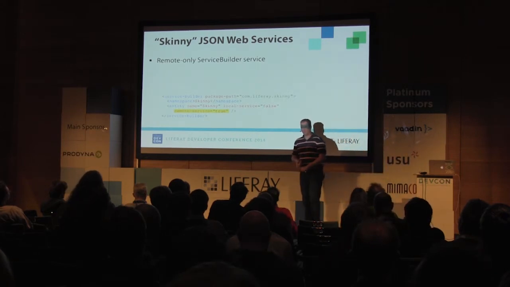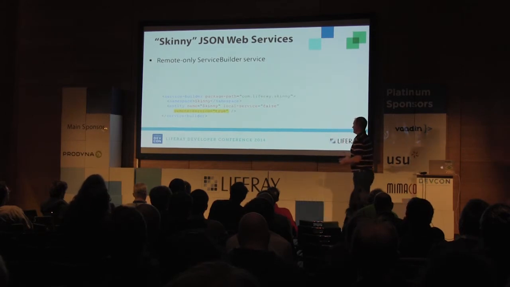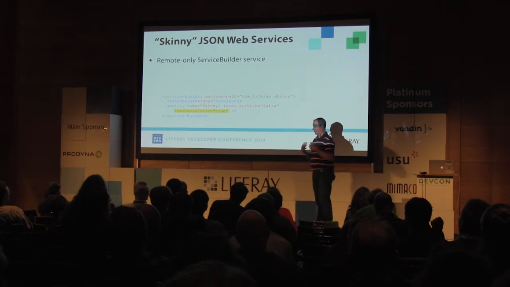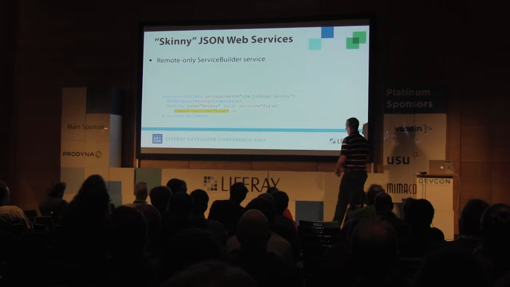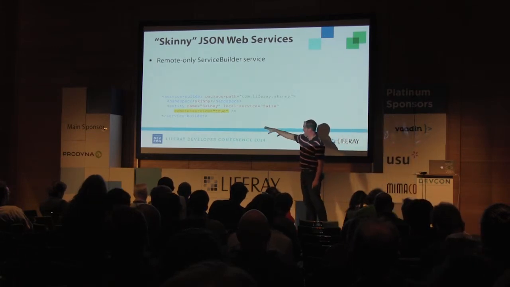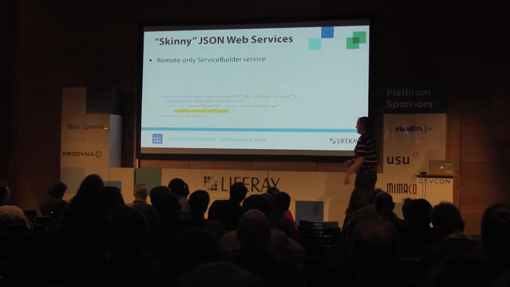It's a Service Builder service with nothing in the database. We simply use Service Builder to generate the remote layer, the remote APIs for JSON and for SOAP. So we say local service false, remote service true. We have a namespace. We have no entity, or we have an entity, but there's no columns inside there. There's no finders. There's none of the stuff that you normally find.